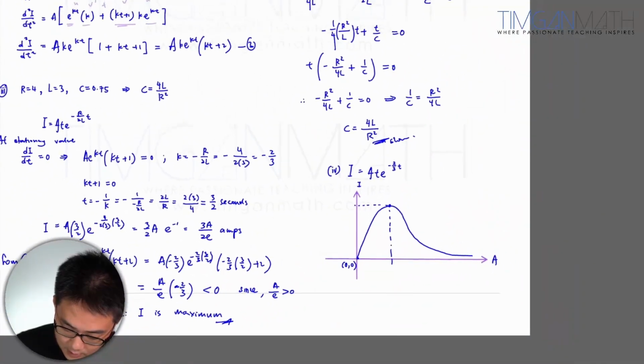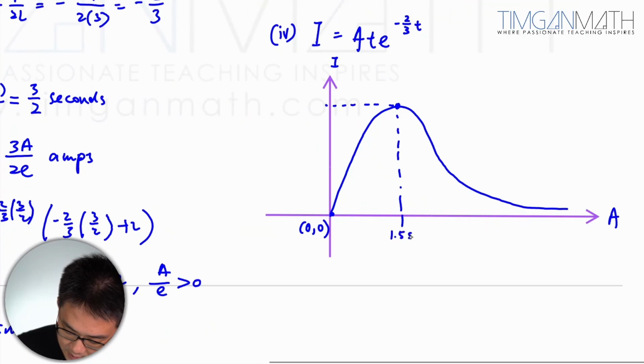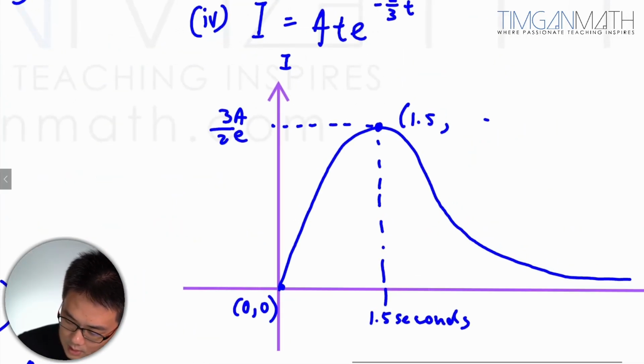T will just be 3 over 2, this is 1.5 seconds. This is I against t. Then I will just be 3 over 2 times A over e. So you can just put it as such. This is how you do this question proficiently.